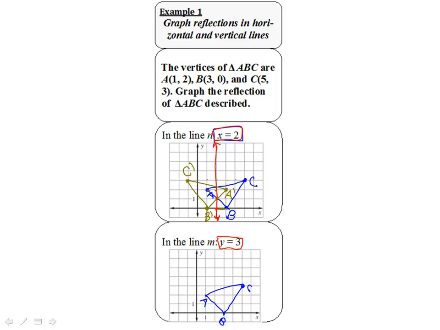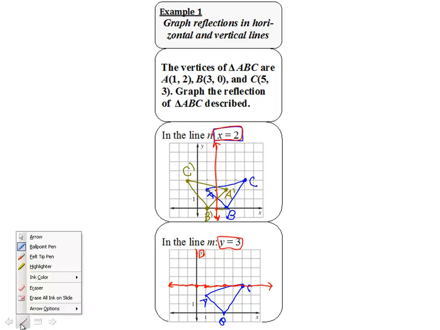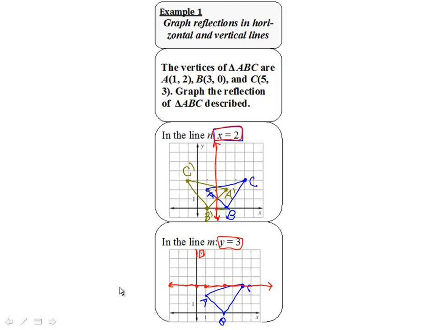Now I want to reflect this over the line y equals 3. This is my y-axis right here, going up and down. Y equals 3 is right here, and these would all be other points that have a y-coordinate of 3. So my line y equals 3 looks just like this. You can see that point C is right on the line already. So if I want to reflect over this red line, C prime is going to be right here in the same spot.